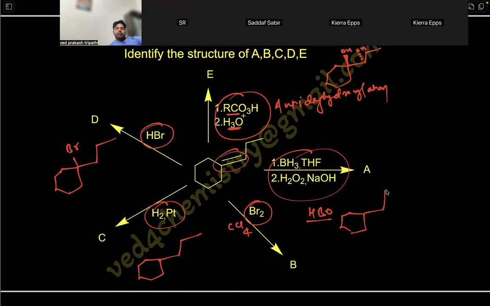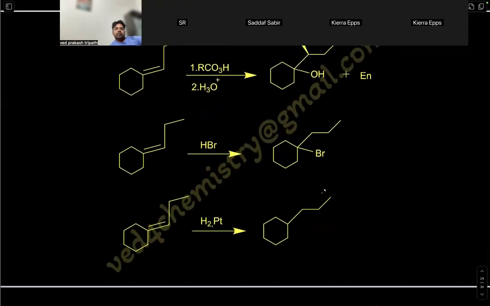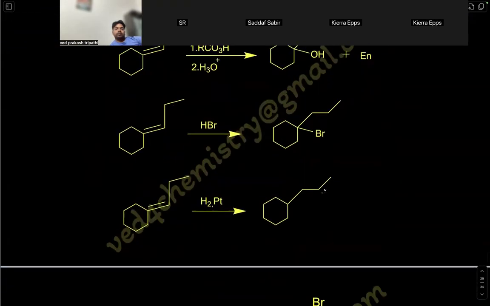Anti-Markovnikov's means OH attacks on the carbon which has more hydrogen. So here. Clear? Please tell me everyone, it makes sense? Yes. You can match your answers.